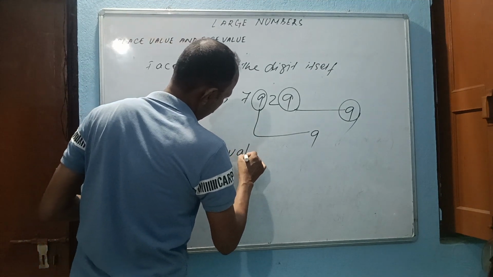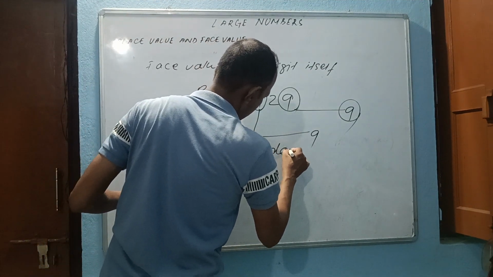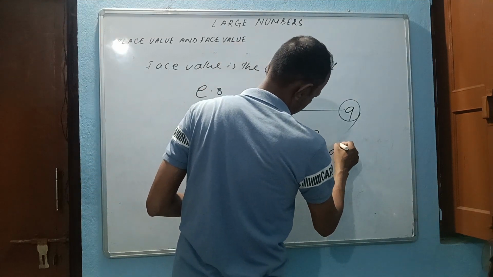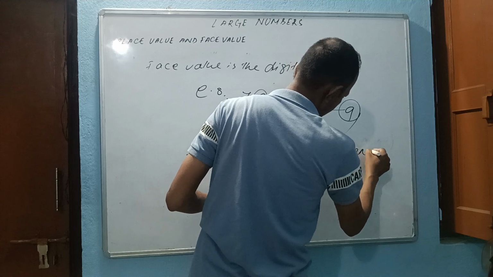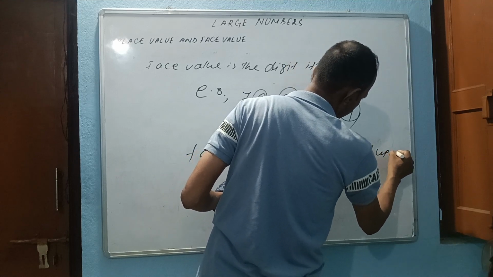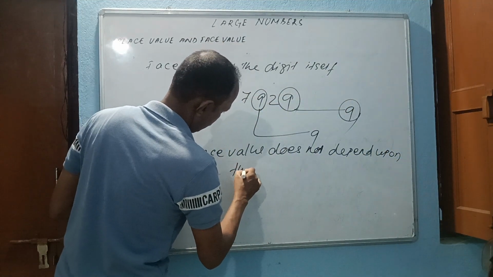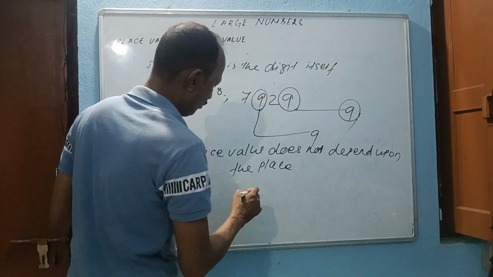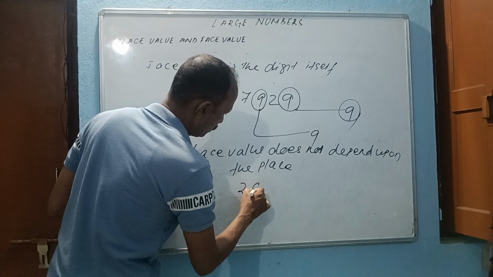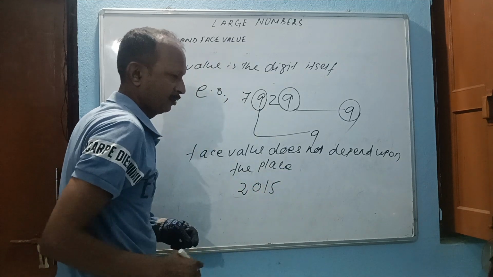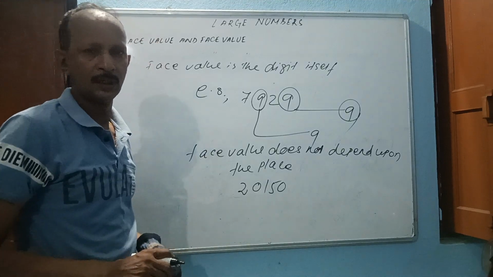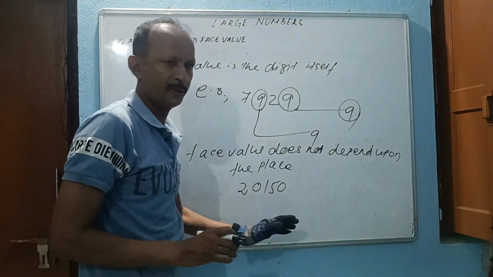Face value does not depend upon the place. One more example you see. For example, I have written 20,150. Okay.